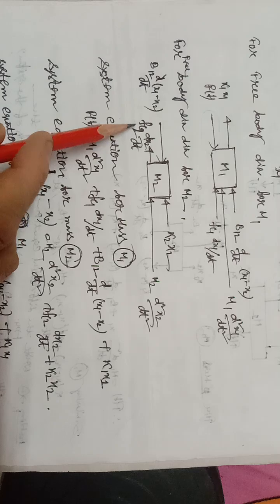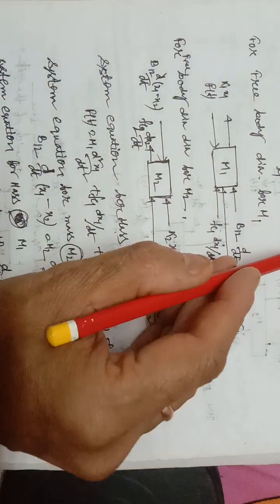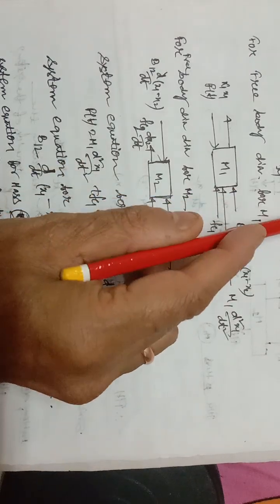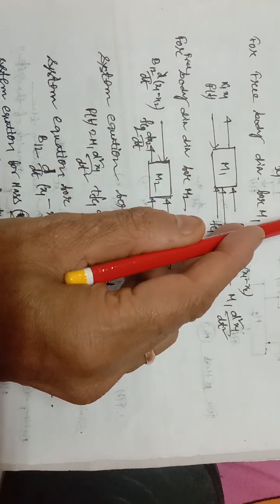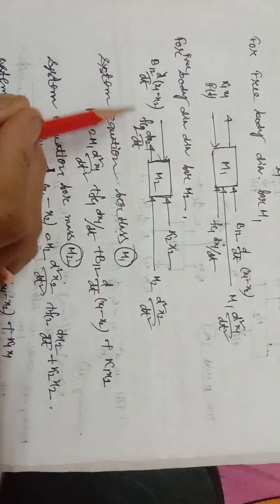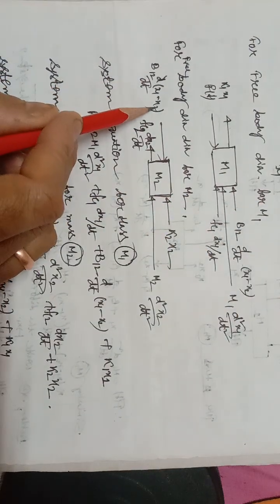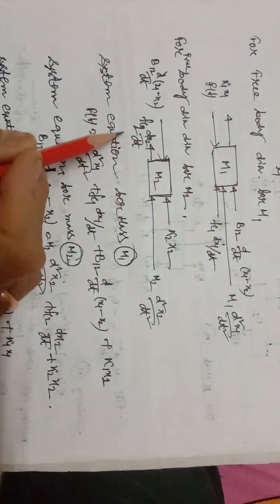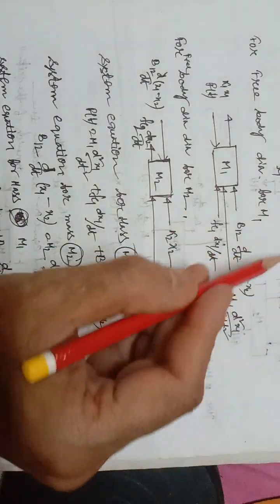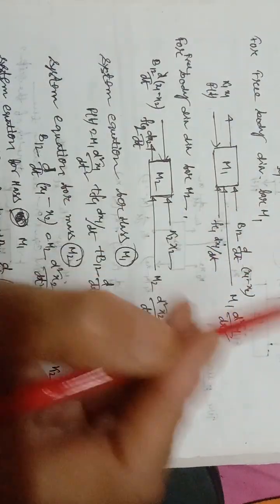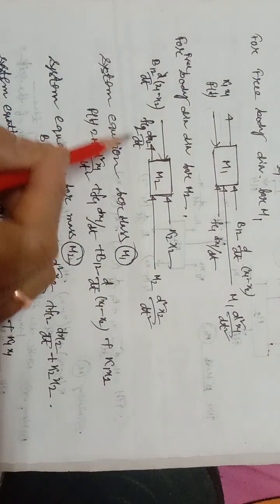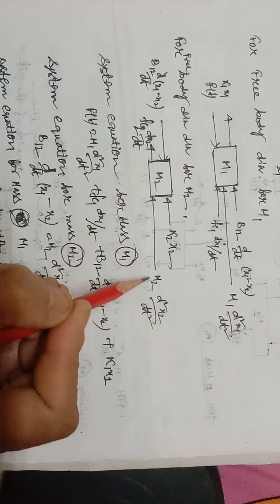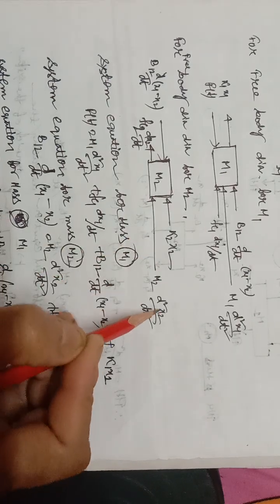Look here. In this case b12 d by dt into (x1 minus x2) is the applied force here, and correspondingly in the opposite direction, this one, this one and this one: FC2 dx2 by dt, k2 into x2, and m2 into d square x2 by dt square.